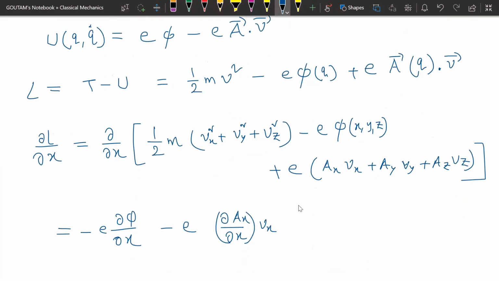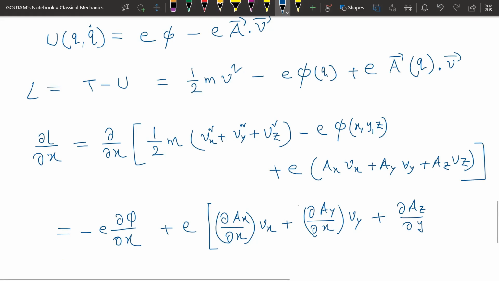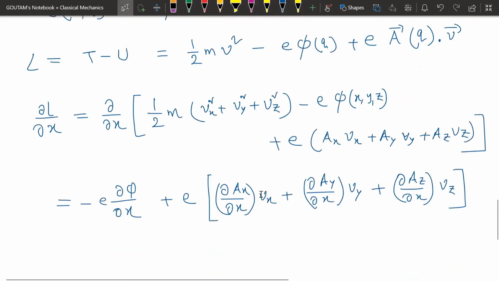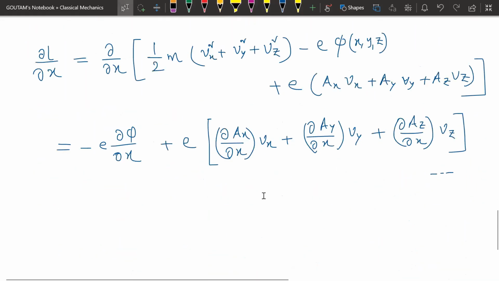In that case, there will be a plus sign here also: plus del Ay del x Vy, because Vx, Vy and Vz are independent of the coordinates x, y, z, plus del Az del x Vz. Okay, so let's call it equation 5.